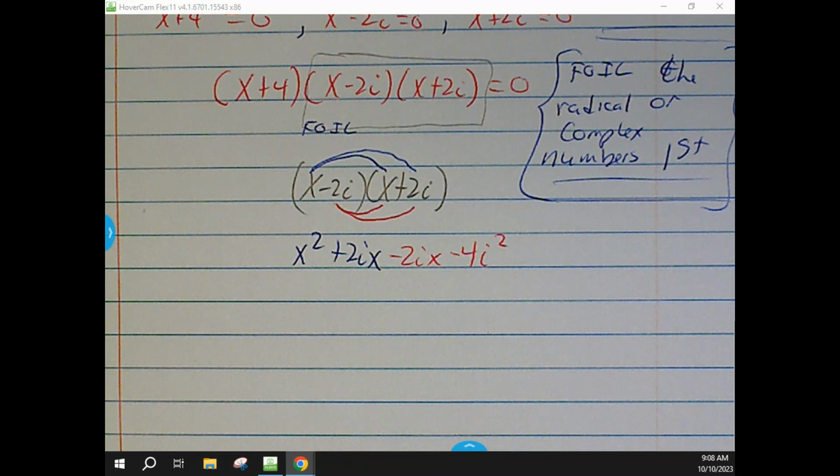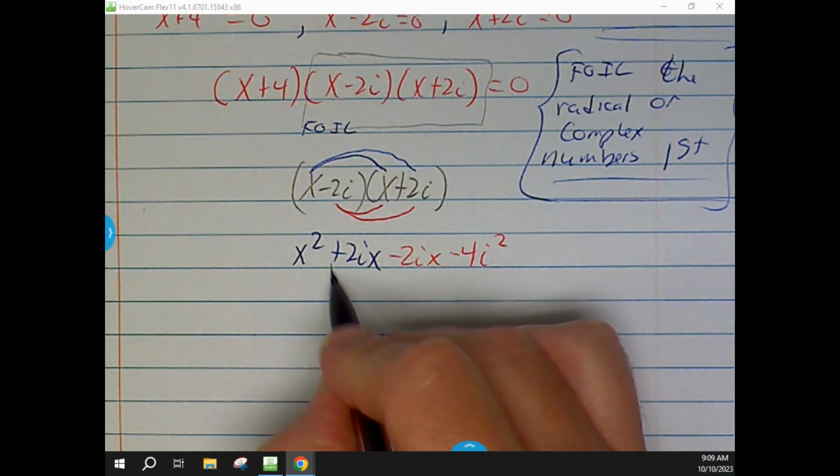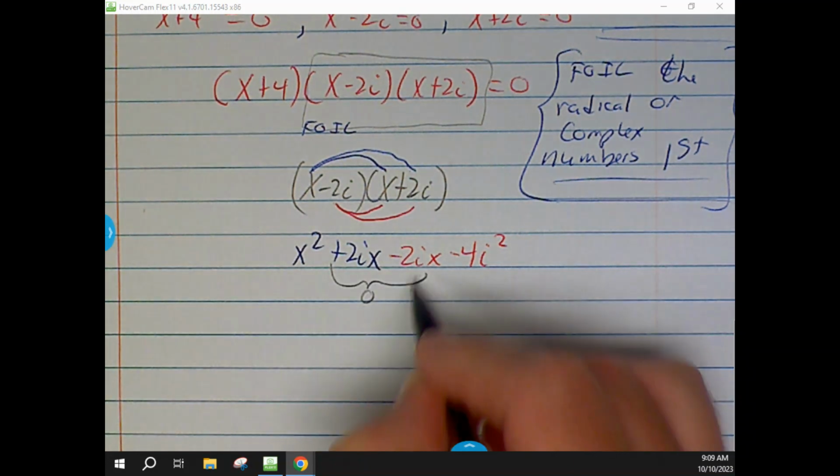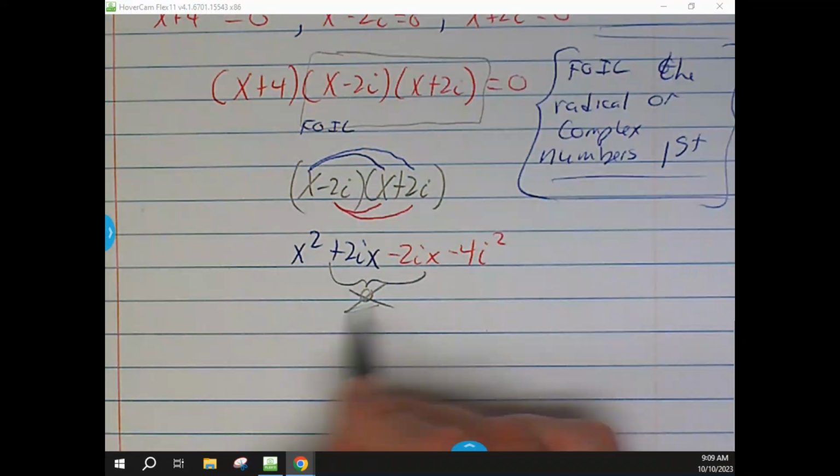If you do i times i, that is going to be i squared. So by doing the complex numbers first, you've got plus 2ix minus 2ix, which goes to 0, so these two things just cancel out.